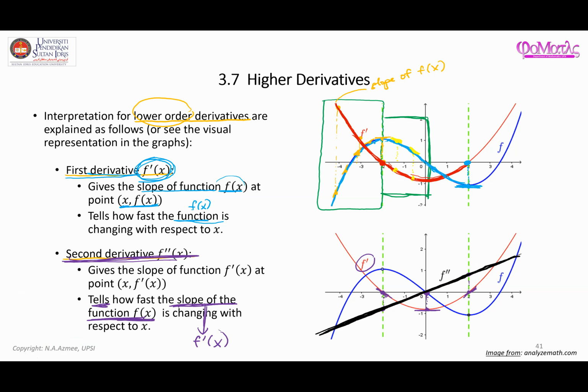So you can see that basically the graph here will get less complicated or look more simple when the derivative is higher. For example, this is the graph of the original function, and it gets simpler when you find the first derivative.